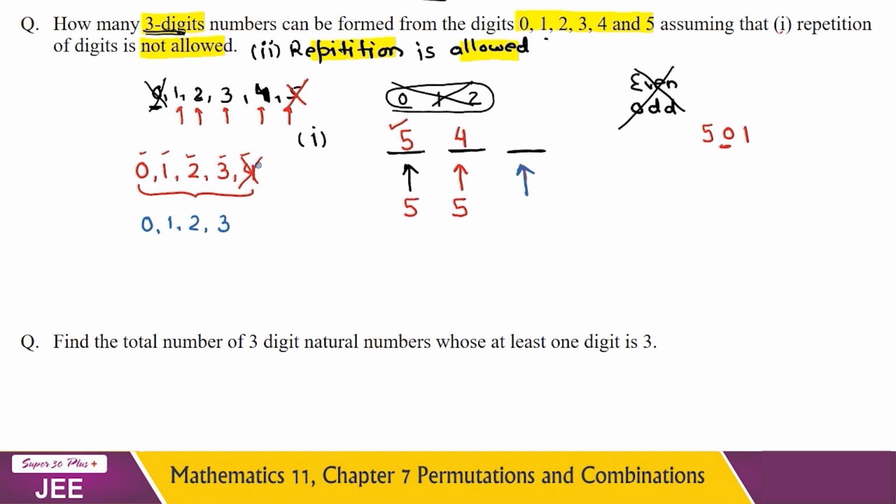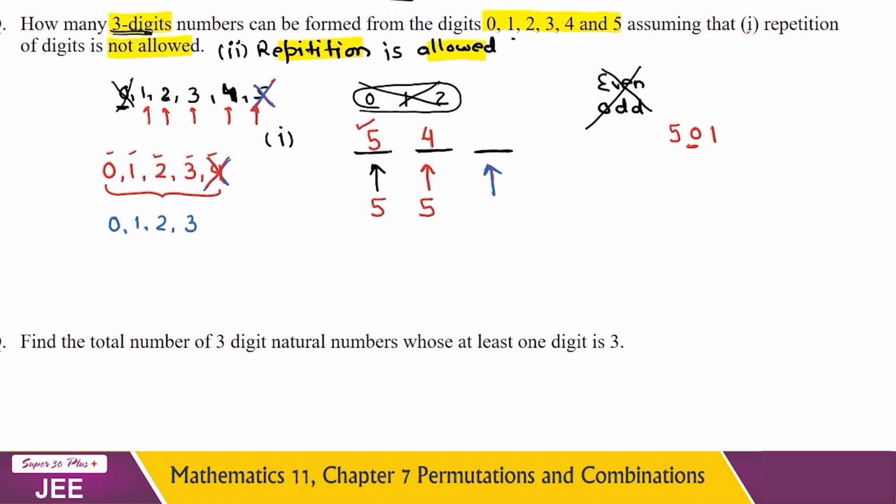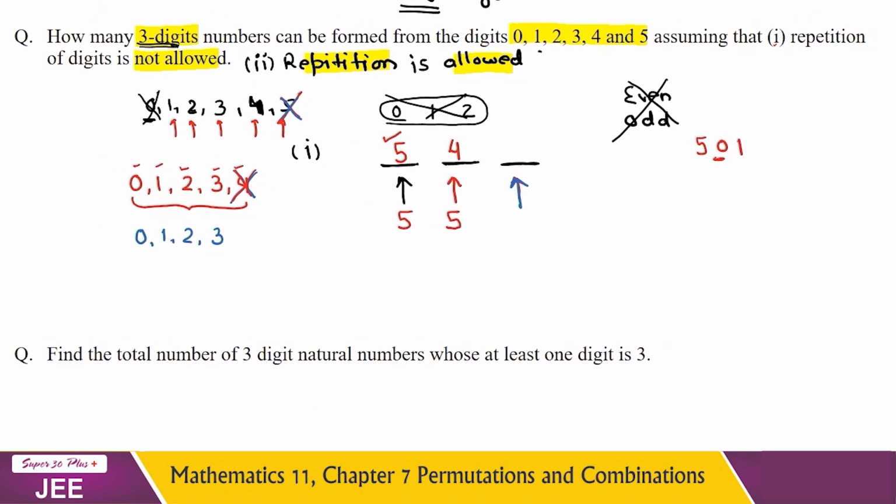Because 4 has already occupied second place and 5 has already occupied first place. So at third place we can have a 0 or a 1 or a 2 or a 3. So this last place can be filled up in 4 ways.